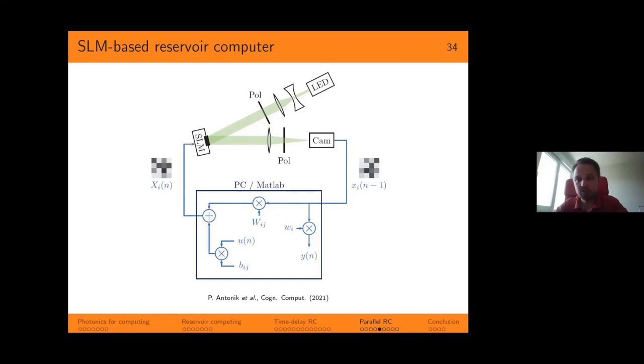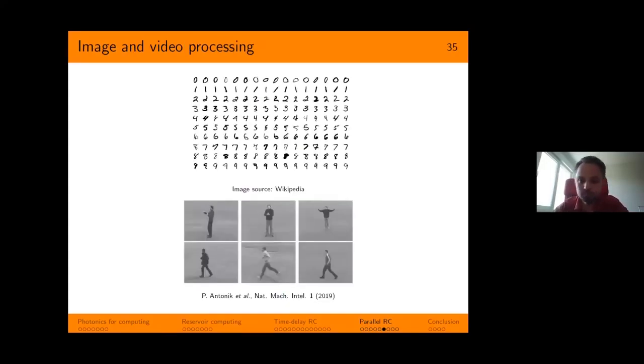So to summarize, most of the reservoir computing in this scheme happens on a computer, and the SLM setup, the optical setup, performs the nonlinear activation function of the neurons. The significantly bigger reservoir size in this setup allowed us to tackle more complicated tasks.